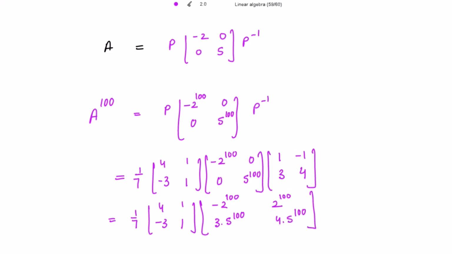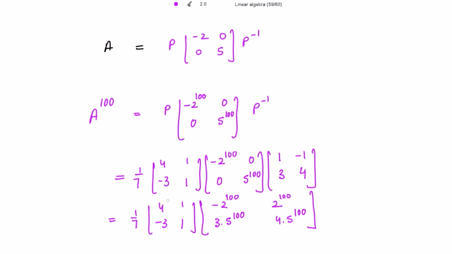Very fine. Similarly we have to multiply this matrix with this. For that just multiply 4 with the first element plus 1 with the second element. We get 1 by 7 into minus 4 into 2 power 100 plus 3 into 5 power 100.